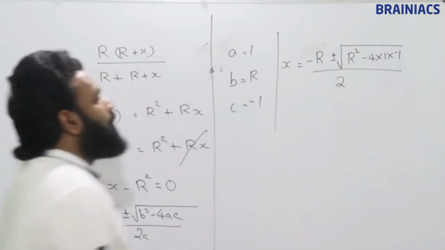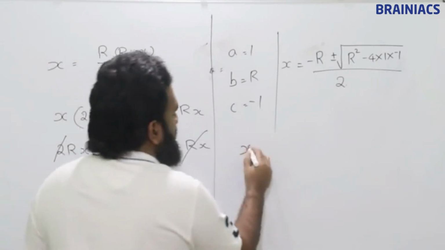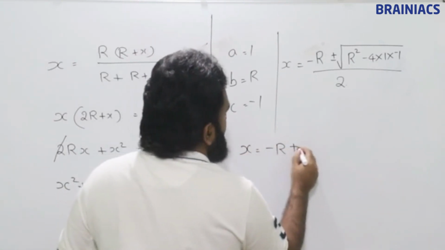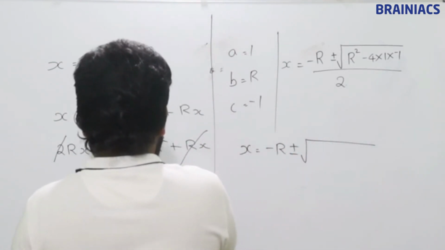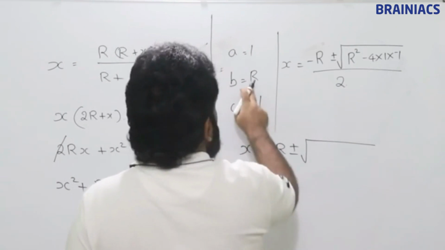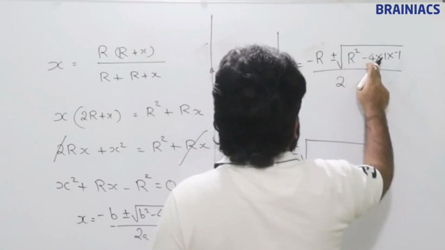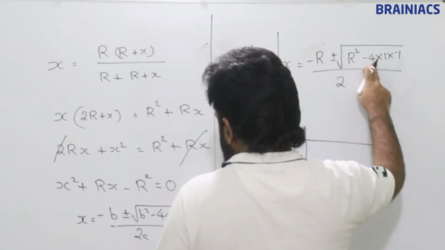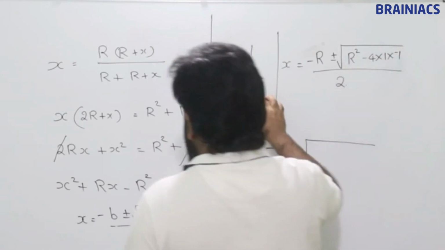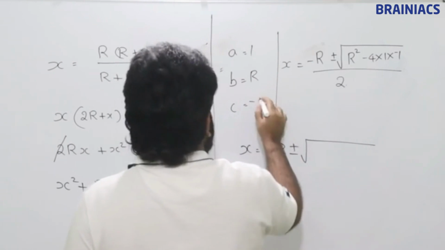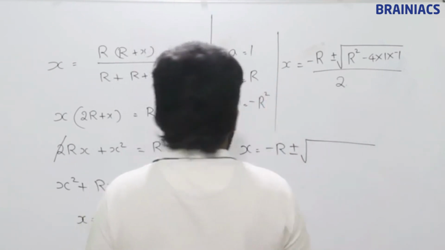So this is how. X is equal to minus R plus or minus root of, here one term is missing, B square minus 4 into A into C. C is actually minus R square.